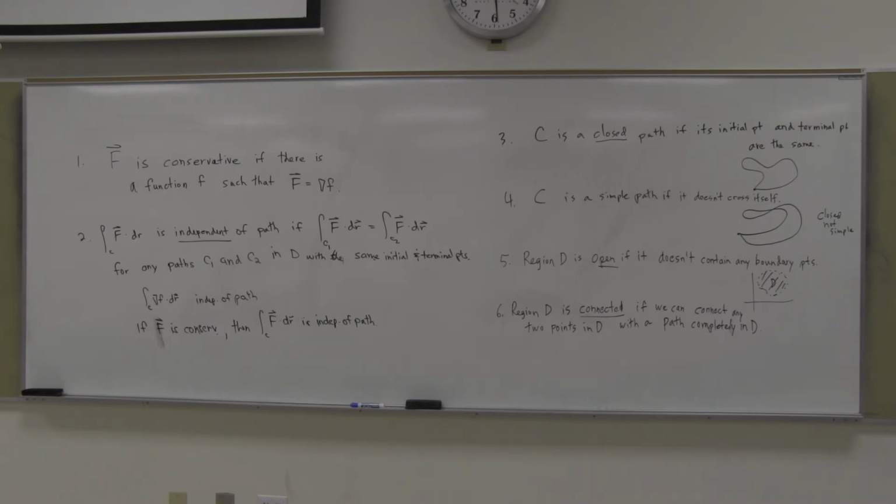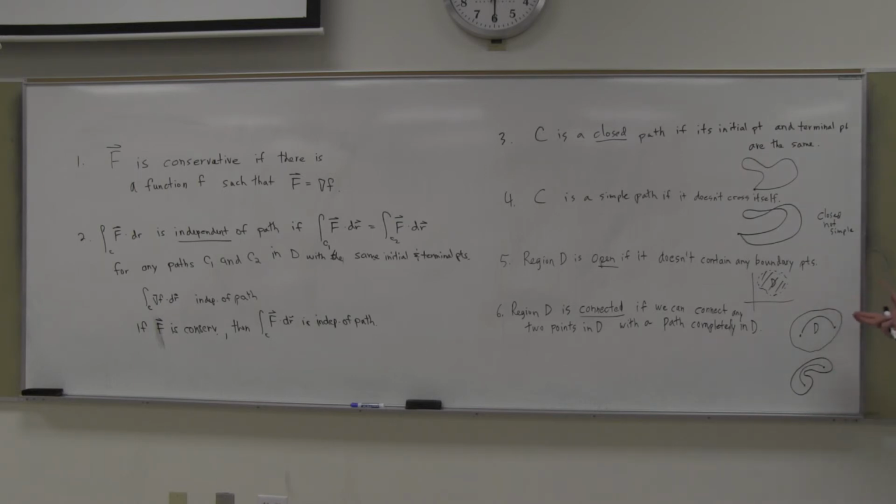So if I've got, here's my D, a simple one, there's a point and any other point, so I can go from point to point completely in D. Even if I do something a little more complicated, that's still connected because I can go from this point to this other point, one way at least, by staying in the region.